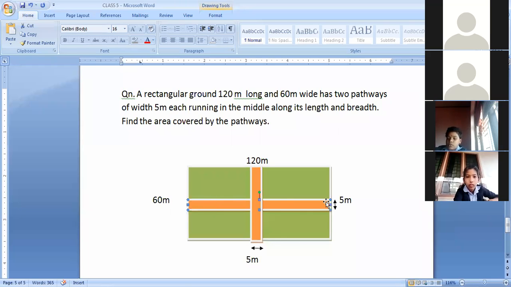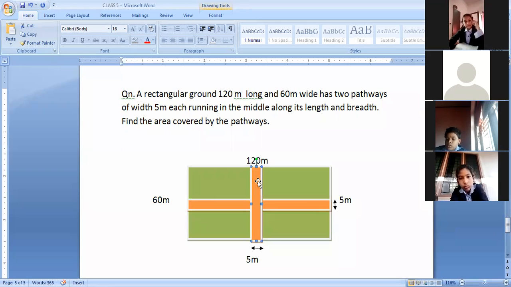If we add the area of the lengthwise pathway and the area of the breadthwise pathway, will we get the area covered by the pathways?